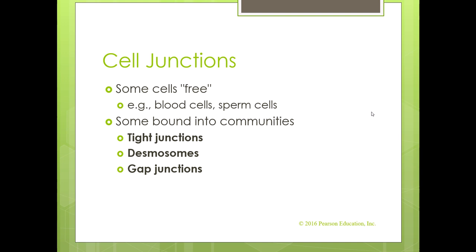If you thought gap junctions, right, gaps, holes, you'd be correct. If you thought the tight junctions made stuff less permeable, right, tight, then that would also be correct. The desmosomes are about anchoring the tissues together, so not so much about moving stuff from one cell to the next, but making sure that the cells stay together.